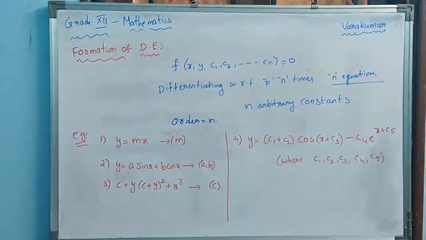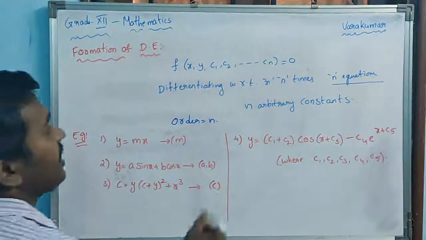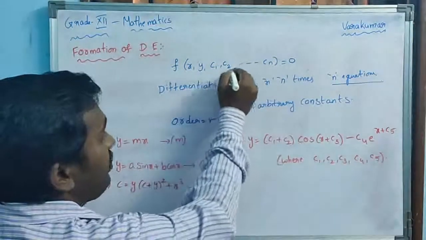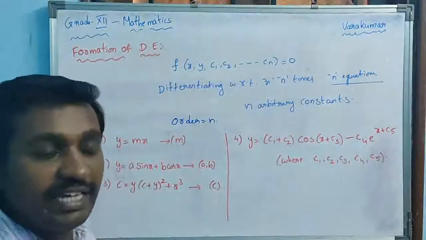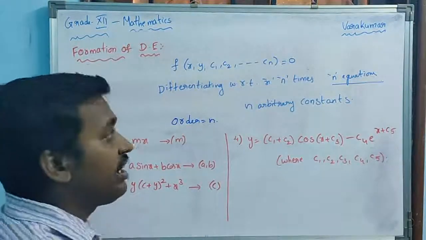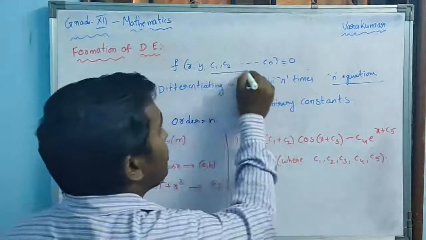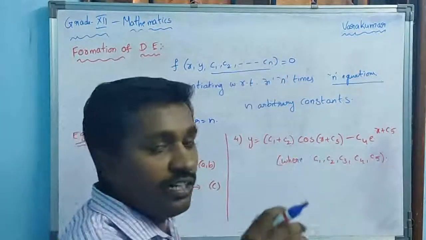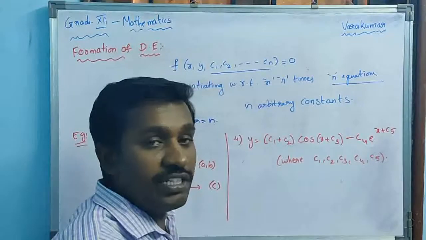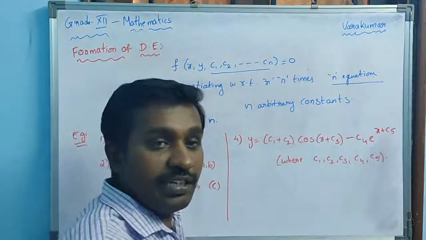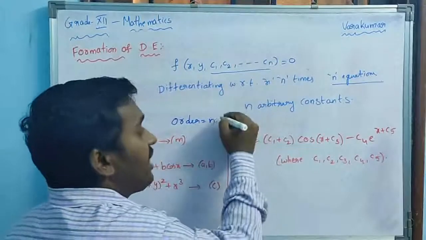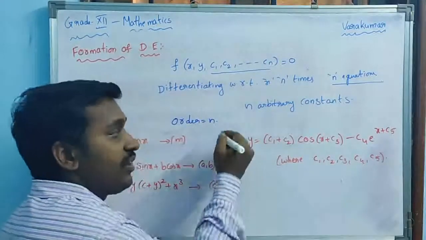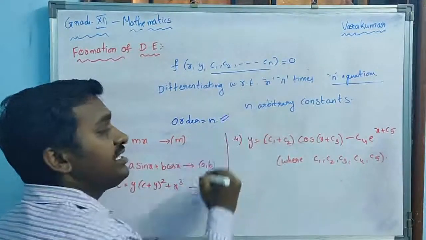Now see that. If the given function is f of x comma y comma c1 comma c2 up to cn, and we differentiate with respect to x n times, then because of c1, c2, c3 up to cn, there are n equations with n arbitrary constants. So we get a differential equation whose order is n.